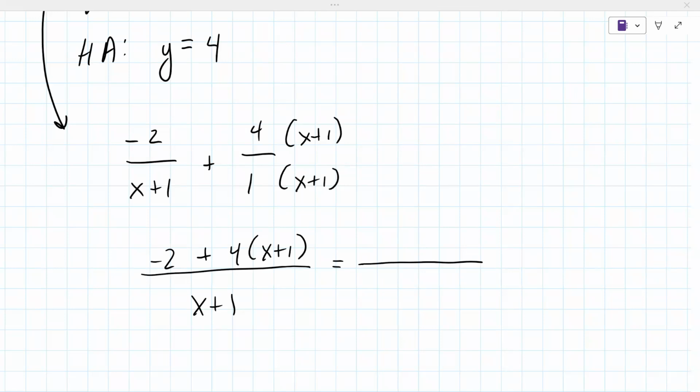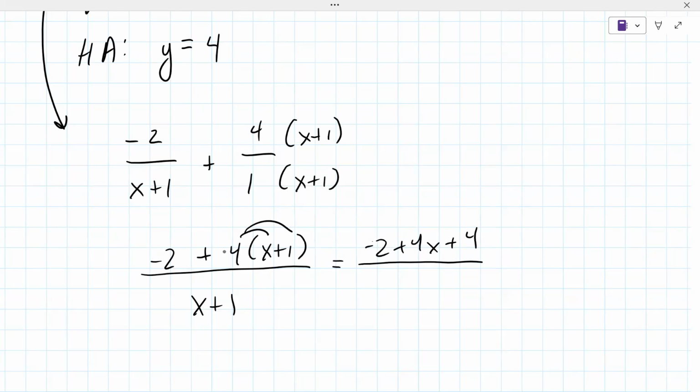Would it be -2x minus 3? It is not. Take a look at the previous example we did. So that 4 gets multiplied to both.